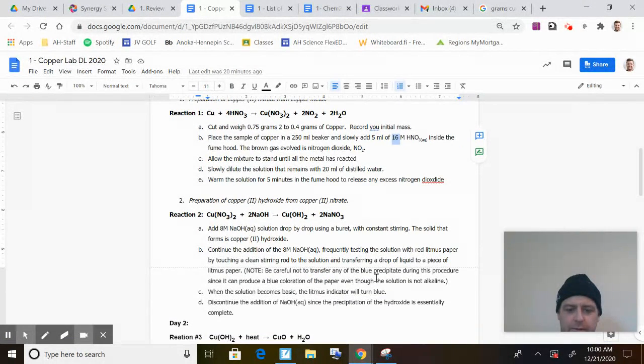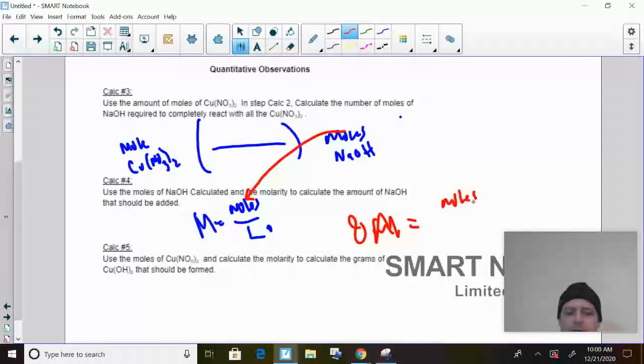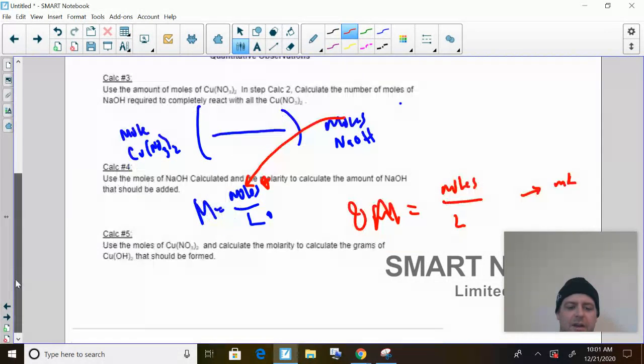And it is 8 molar. Okay, so we have 8 molar, big M. We know moles from here. We want to calculate liters, and then you can convert it to milliliters. So that'll tell you how much sodium hydroxide you need to add.